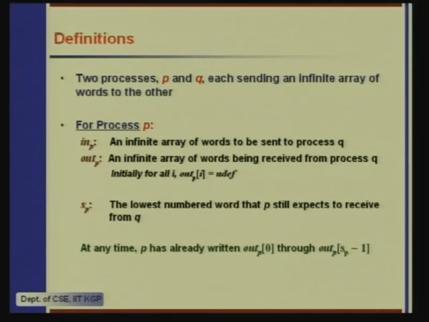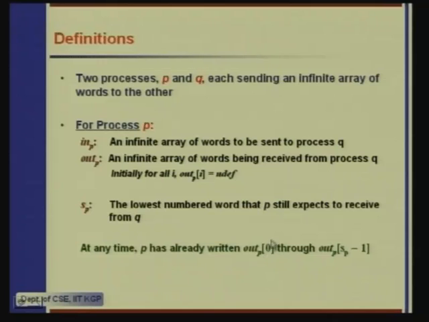Remember that words can come out of order. Even if they are sent in a proper sequence, they can be received out of order. So, it is quite possible that some out P k has been received, but some words before that may not have been received.